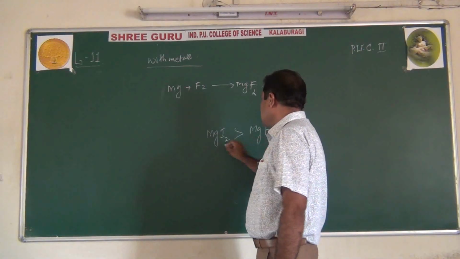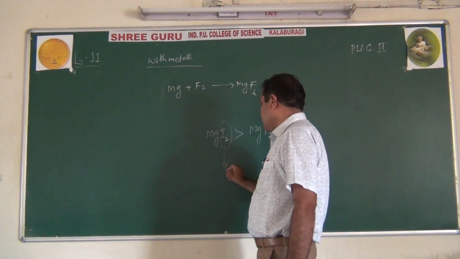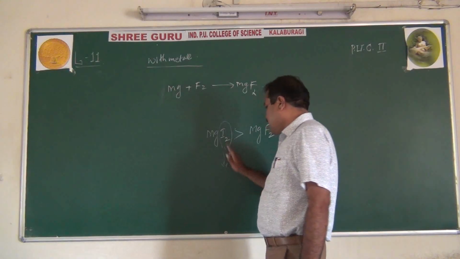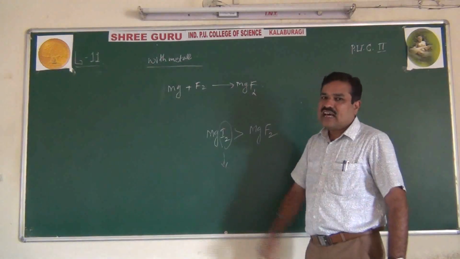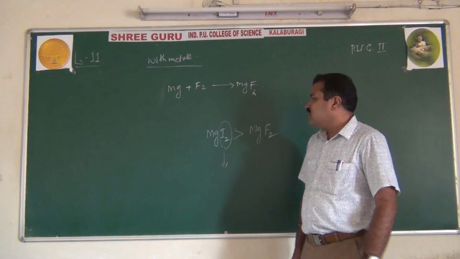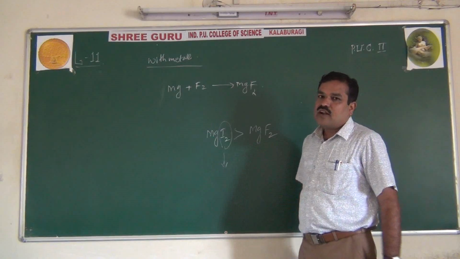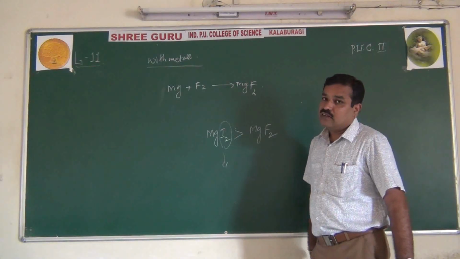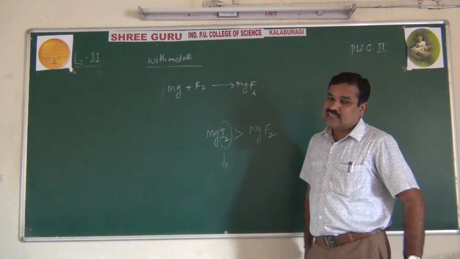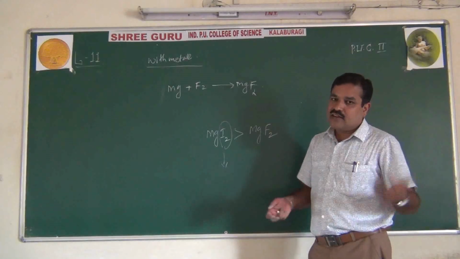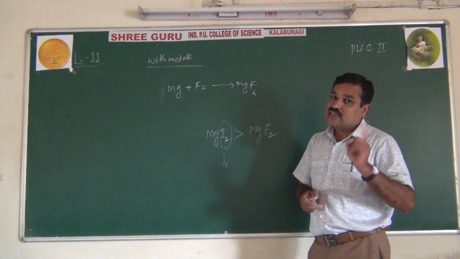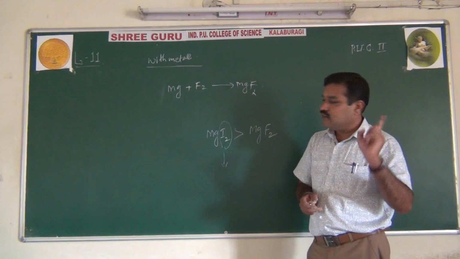Why? Because as the size of the anion increases, covalent character increases. Magnesium fluoride is more ionic. Smaller size, more ionic. Larger size, less ionic. Covalent character increases as the size of the halogen increases.